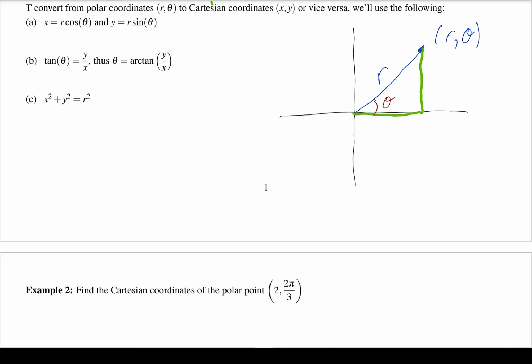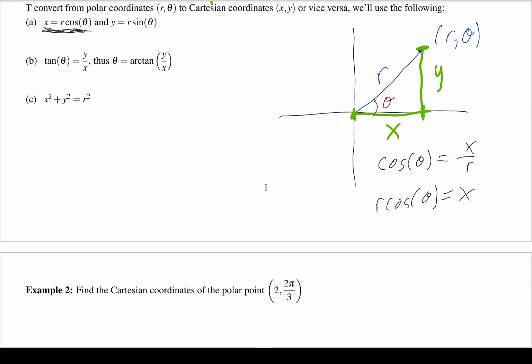Okay, well then this distance right here will give me my x coordinate, and this distance right here will give me my y coordinate. And so if we take cosine of theta, that would be adjacent over hypotenuse, that'd be x over r. So if I multiply by r on both sides, we get r cosine theta equals x, which is where this identity right here comes from.